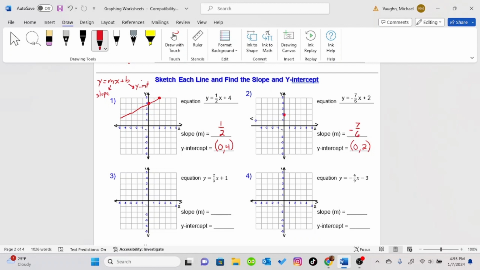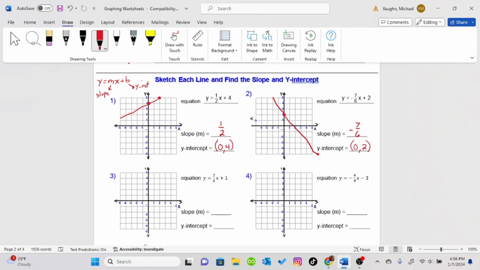That tells me to start at my point on the y-axis, go down 7 spots, and right 6, which would put us right about here. And then we can draw our line that connects them, and that would give us the line that this represents.